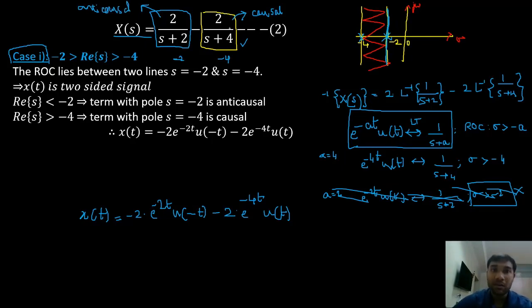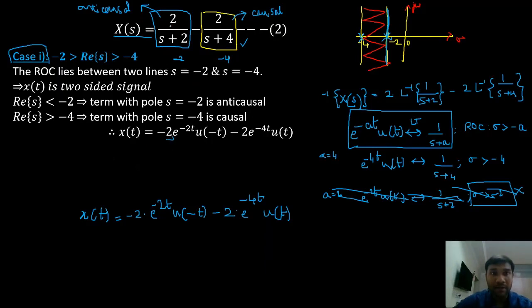So since the first term is anti-causal, my x of t is also anti-causal. And since the second is causal, my inverse transform x of t is a causal signal.